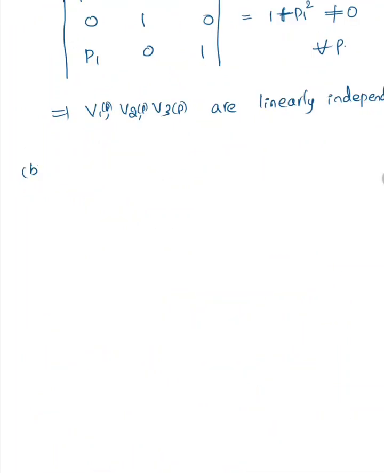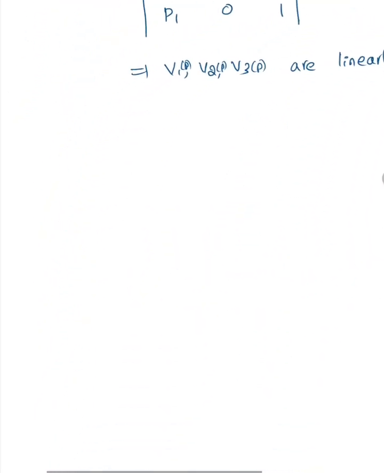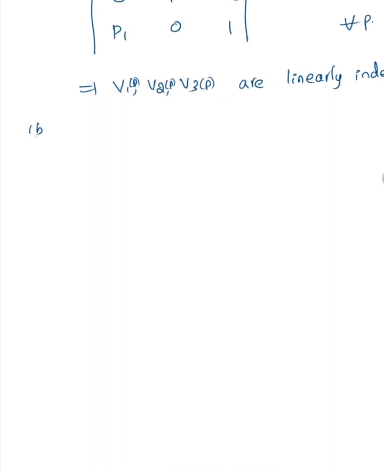Now coming to B. They are asked to find x u1 plus y u2 plus z u3 as a linear combination of v1, v2 and v3. First we have v1 as u1 x minus u3, v2 as u2, and v3 as x u1 plus u3.